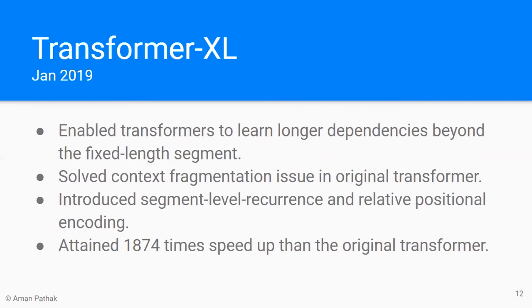Because of this scheme, self-attention layers were able to figure out the relative distance between the tokens and where to attend to them. The impact of this paper was that we now had a 1,800 times speedup over the original transformer in terms of the training and the evaluation process.